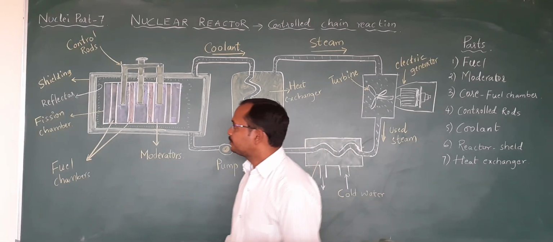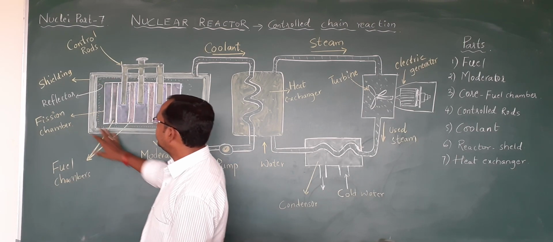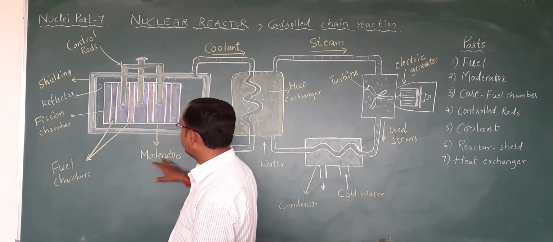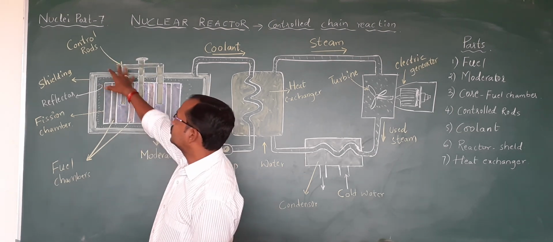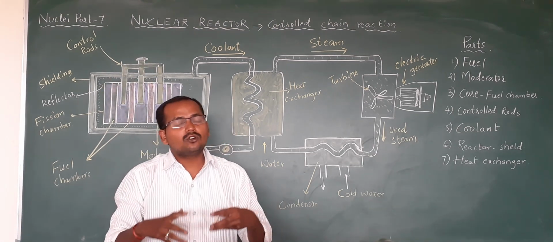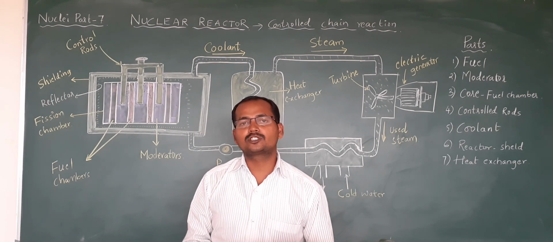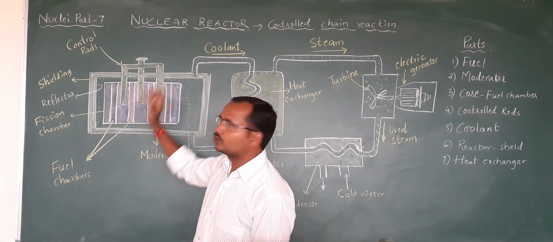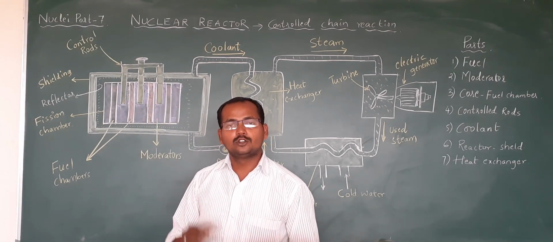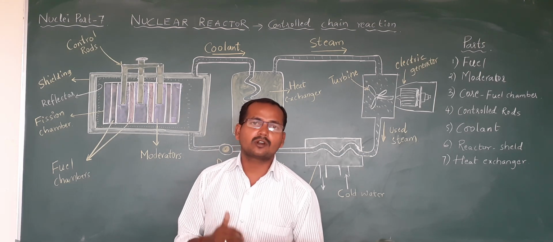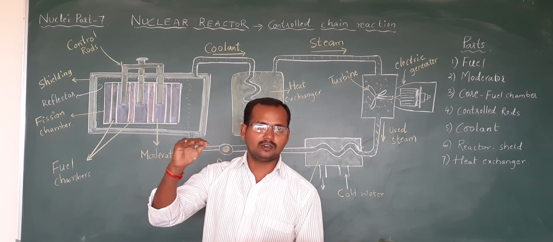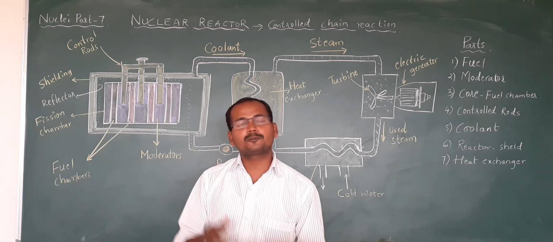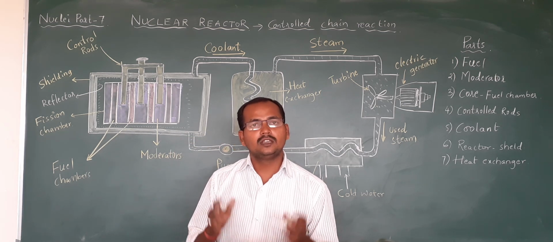Next, this is a complete fission chamber where the fuel chamber, moderator, and the control rods are present. What are these control rods? To have a controlled chain reaction, we have to use some rods. Those are control rods, used to get an optimum level of neutrons or fissions. Once we get an optimum fission level and required energy level, further production of neutrons has to be stopped.